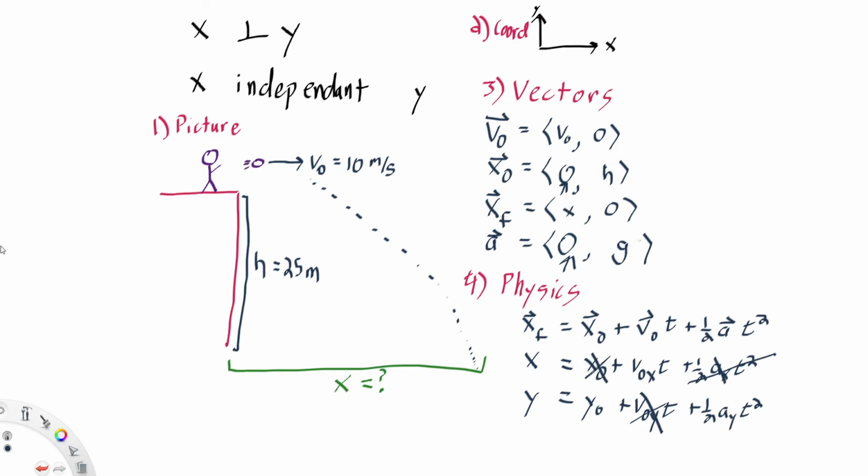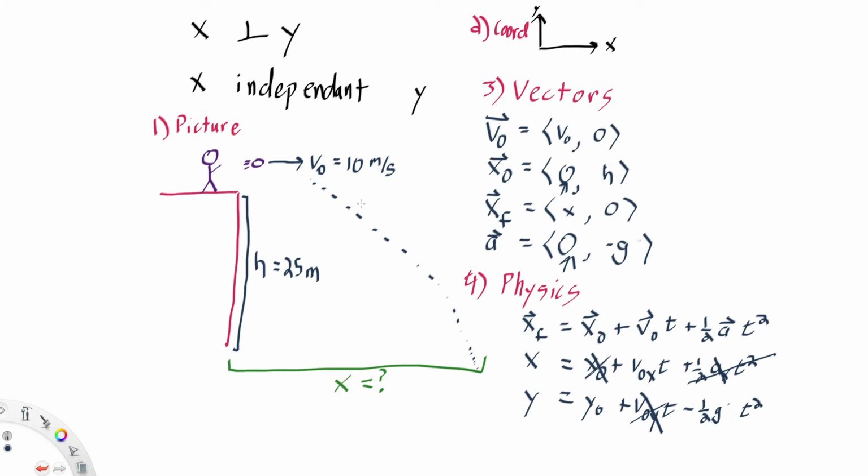And the acceleration in the y direction is not 0 like it was for the x direction, but it's negative g. So we're going to have a minus 1/2 g t squared.